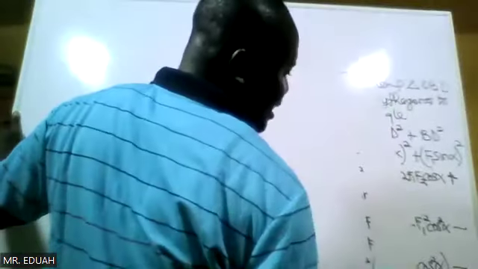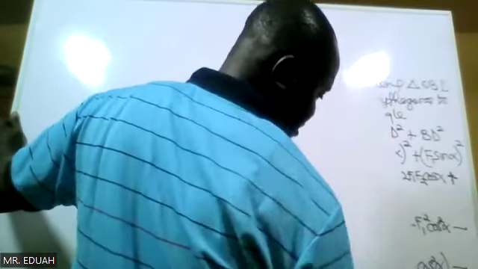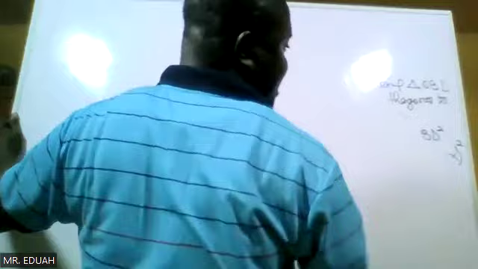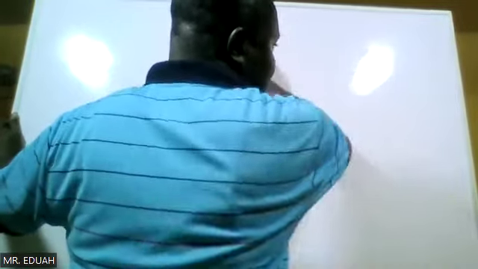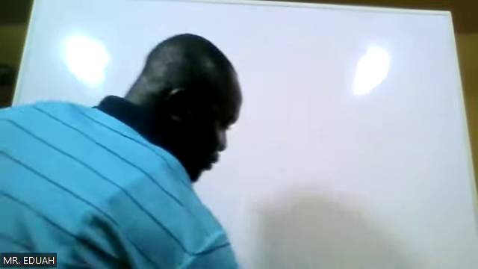Determine the resultant and then the direction of the resultant force. So we have to find the resultant when these two forces of such magnitude interact. And when we finish, we are also to determine the direction of the resultant.